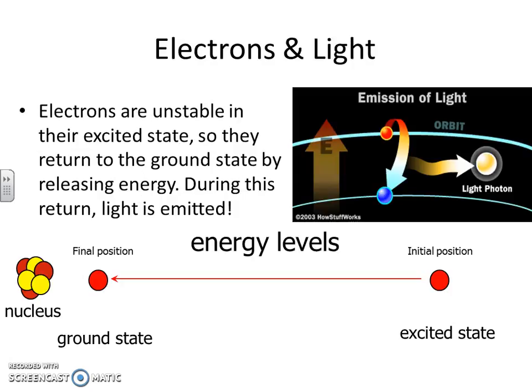But there's a problem with that, because electrons are unstable in that excited state. It's further away from the nucleus than it wants to be. And so they return to the ground state by releasing that energy, and it's released as a light photon. The amount of energy that's released is directly proportional to its wavelength.